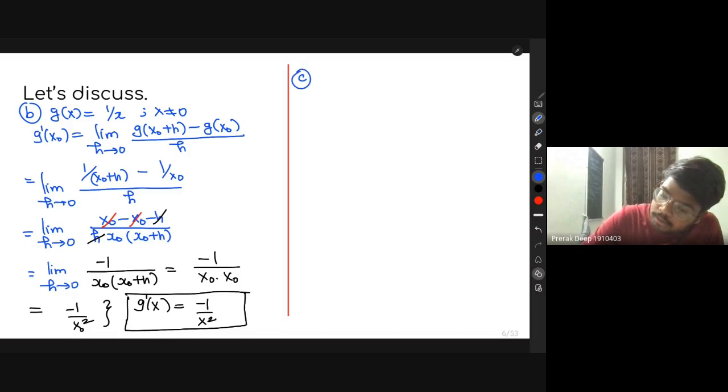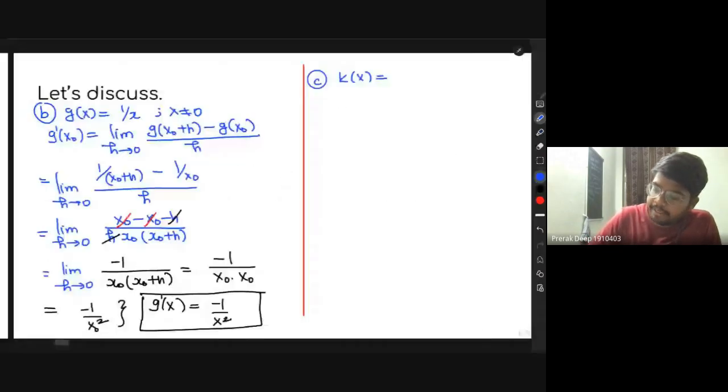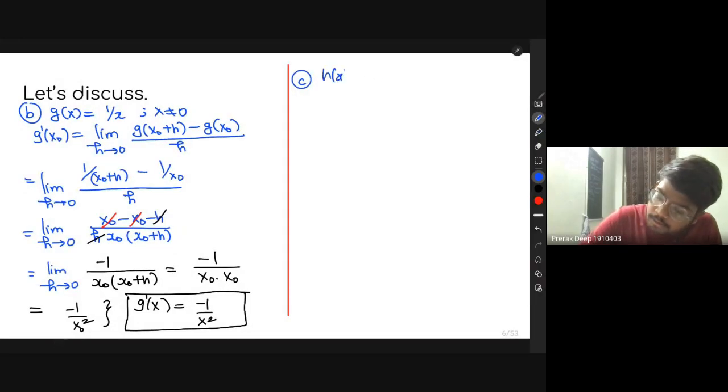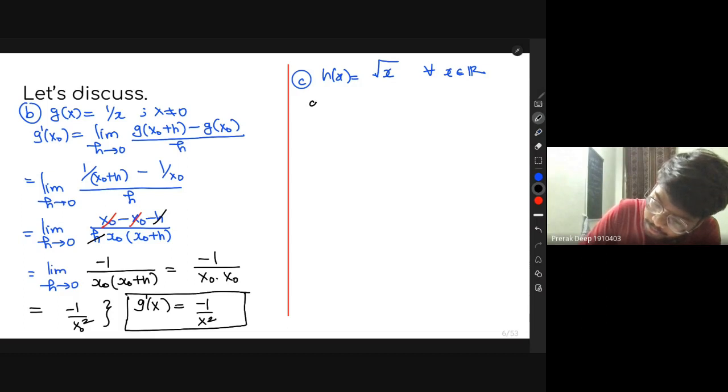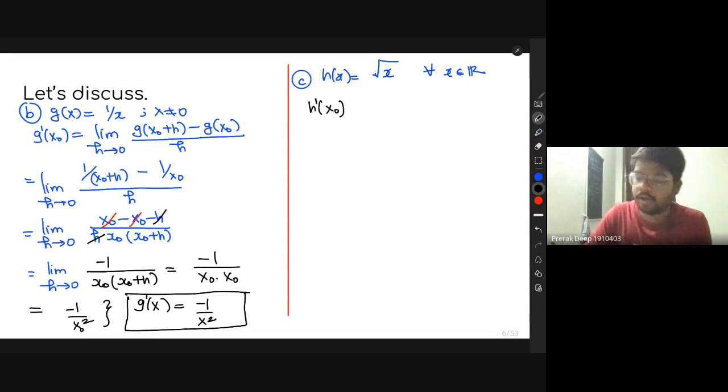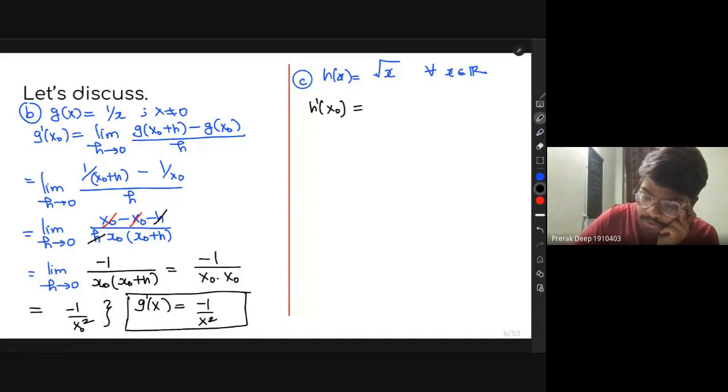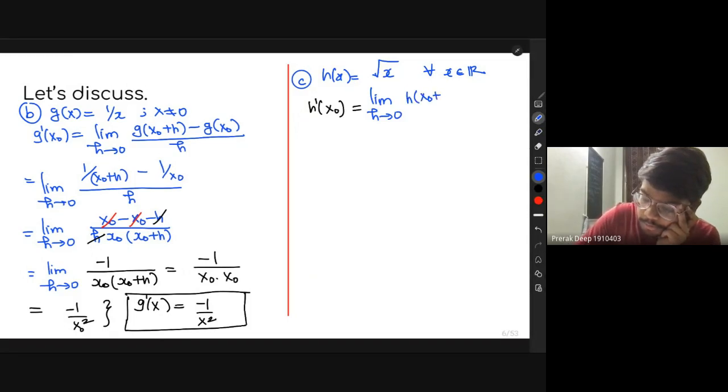In the c part, we have h of x given to be root of x for all x in R. Again, we want to find the derivative of h at x naught, using the definition: the limit as h tends to 0 of h of x naught plus h minus h of x naught divided by h.